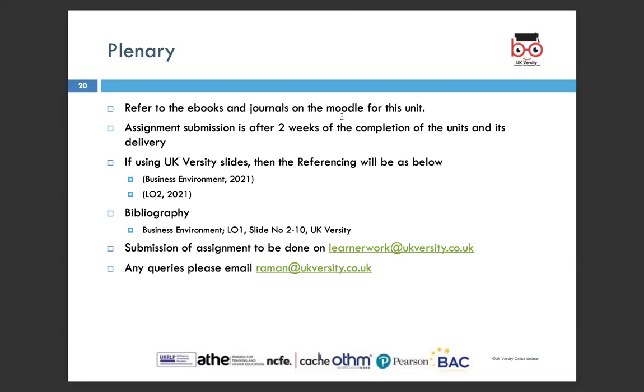For books, include the author's name, publication year, title, publisher, and place of publication. For journal articles, include the author's name, publication year, article title, volume number if available, like that. Then consistency: maintain consistency in formatting throughout your reference list, using the same style for all entries.